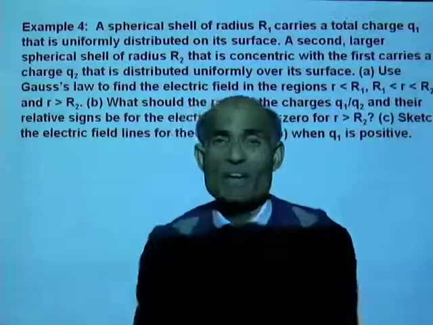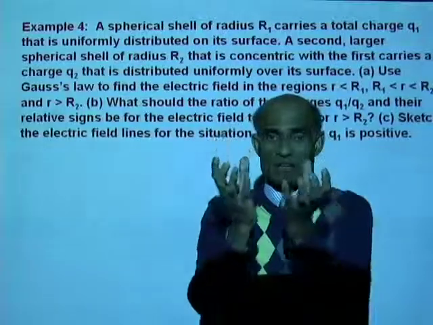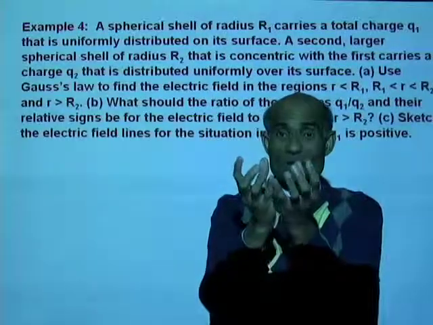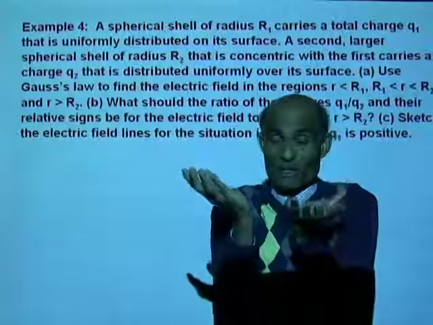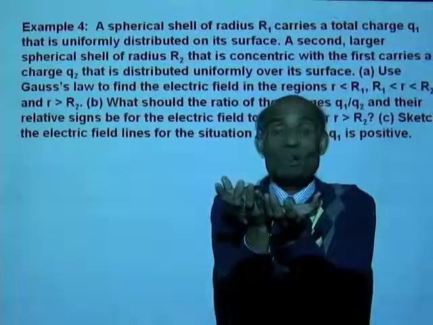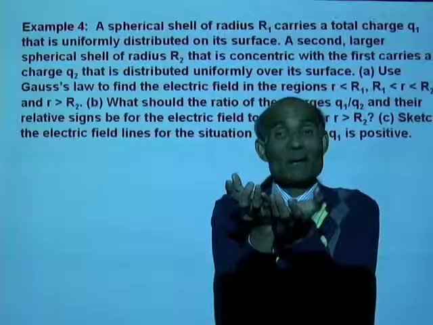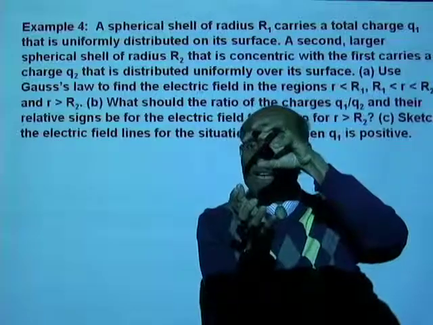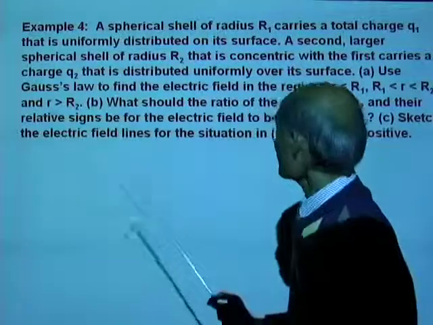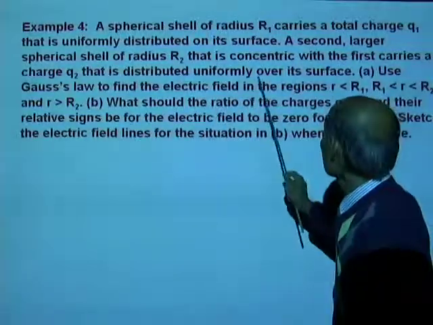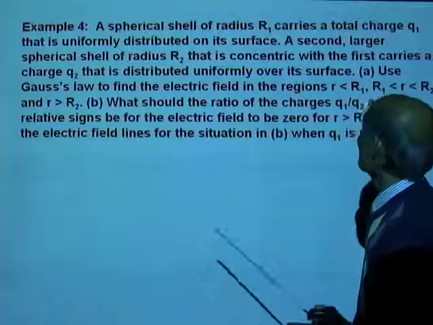So you've got a first spherical shell of radius R1 and a second, bigger spherical shell, which is concentric, meaning both have the same center. So the first shell is inside the second shell. Now that charge is distributed uniformly over its surface.